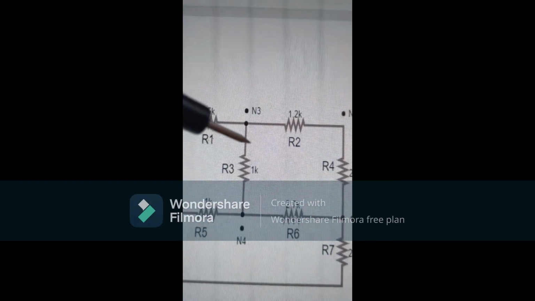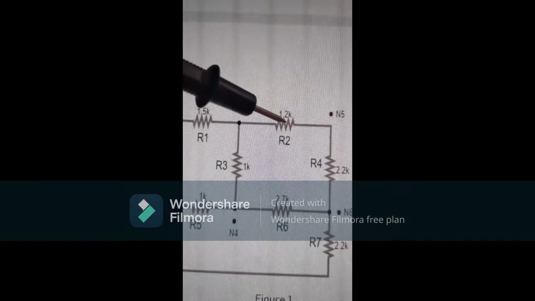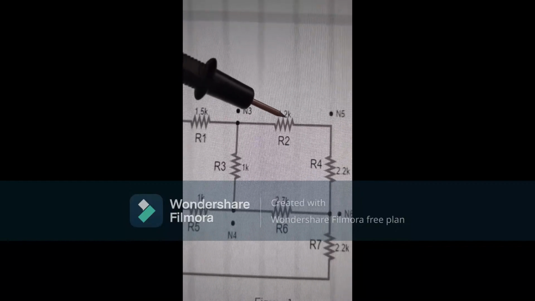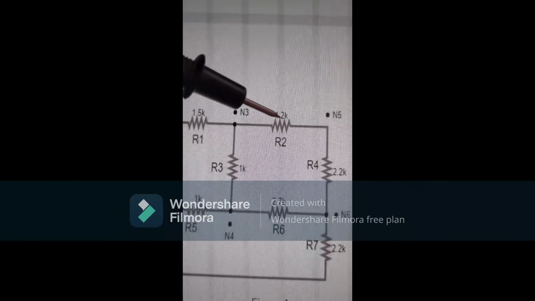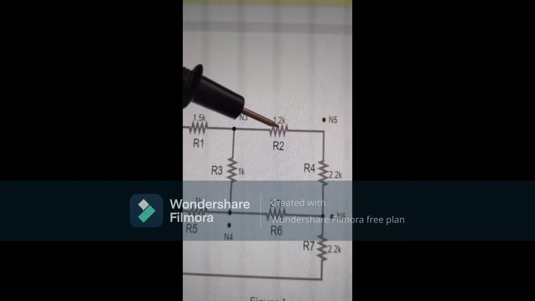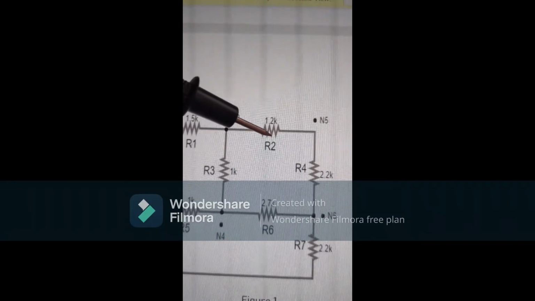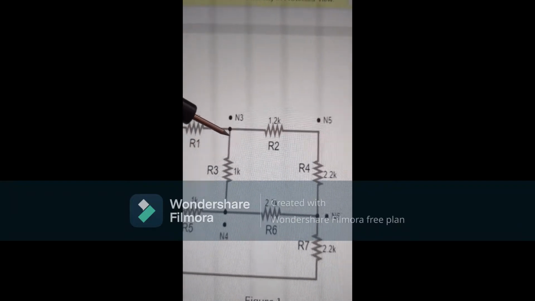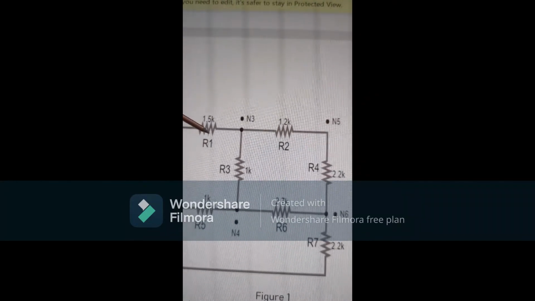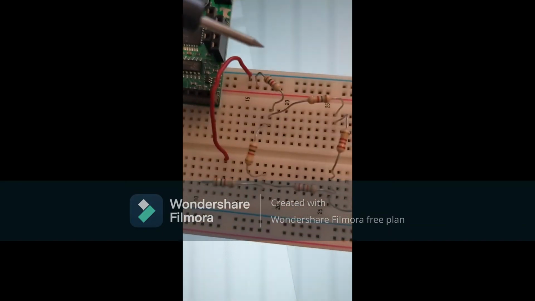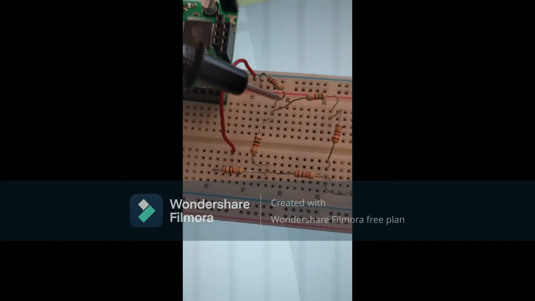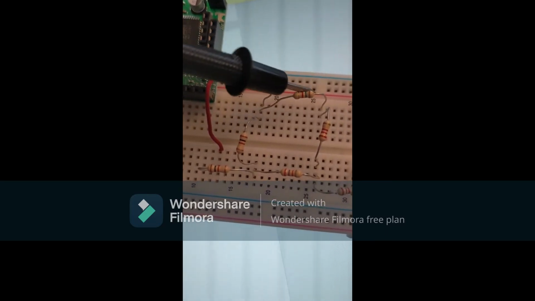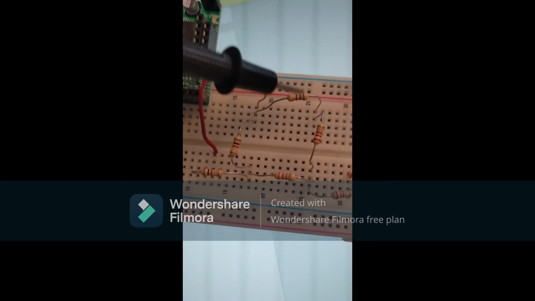And then to that point, 1.2 k ohm resistance and 1 k ohm resistance are being connected, right? So we'll replace this 1.2 k with 1.5 k because we do not have a 1.2 k ohm resistance in our kit. So this is my 1 k ohm resistance, and this is my 1.5 k ohm resistance, which was supposed to be 1.2 k.